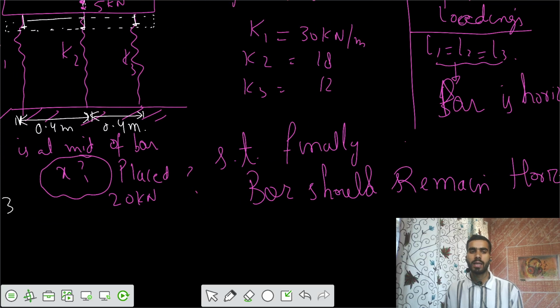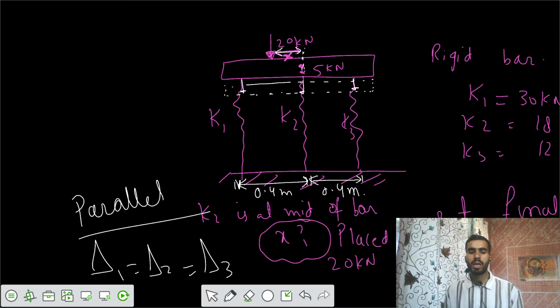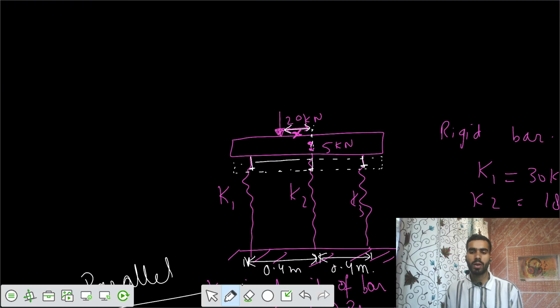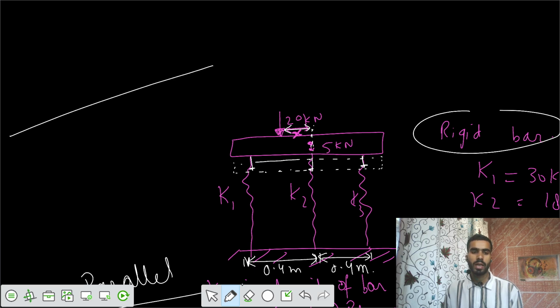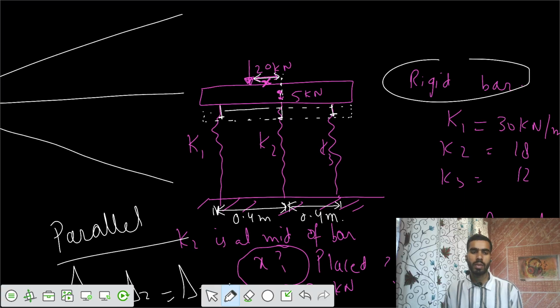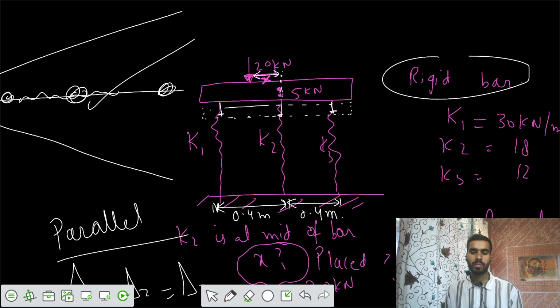That means delta should be the same in all three, because your bar is rigid. There are only three possibilities we know: it can tilt this way, it can remain horizontal, or it can go the other way. Since the question mentions the horizontal case, delta 1 equals delta 2 equals delta 3.